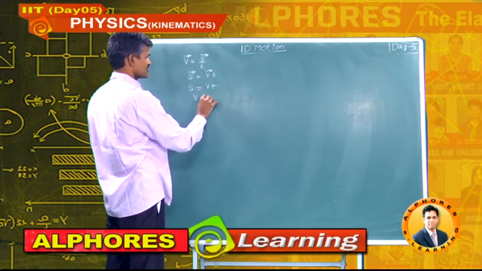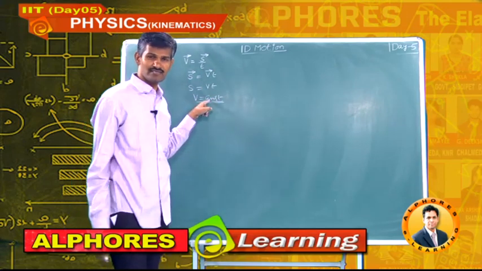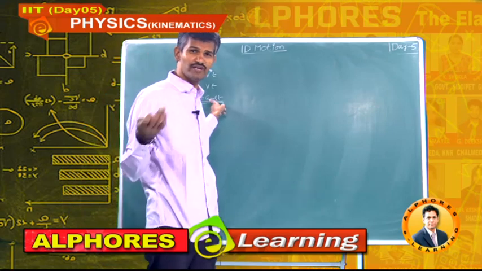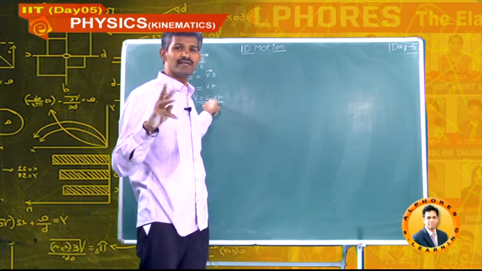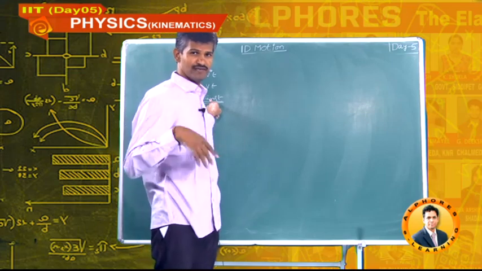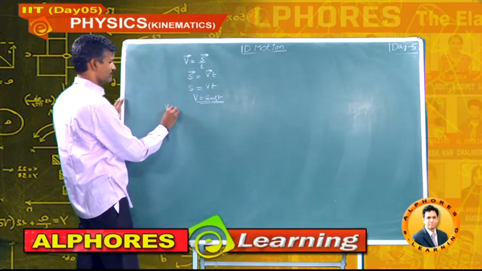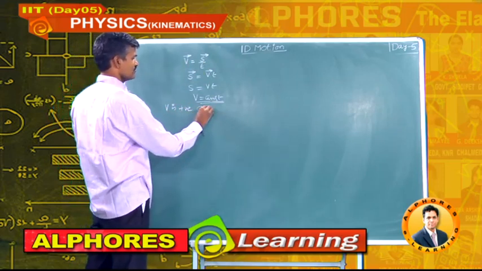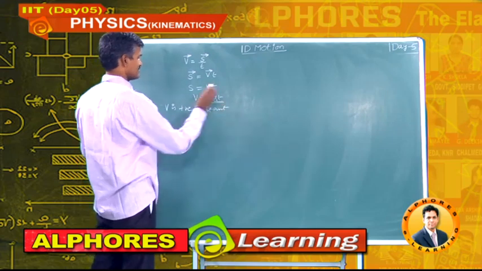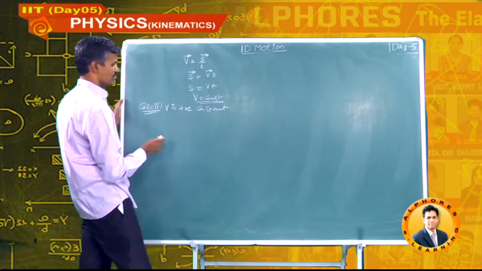Here v is a constant. We don't know whether v is positive, negative or 0. Based on that, graph can be divided into three types. That is, if v is positive constant, that is our case 1.